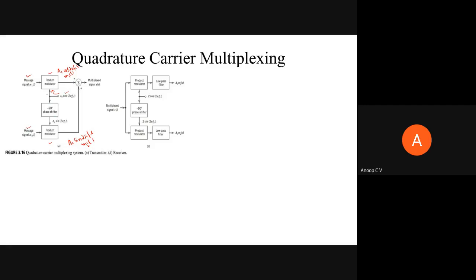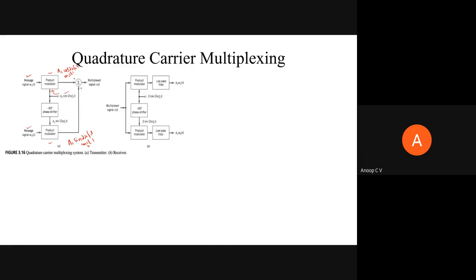We have two product modulators, and the local oscillator produces the carrier frequency. That, as such, the in-phase carrier, is given to one of the product modulators, and a quadrature phase carrier is given to the other product modulator. So one signal m1(t) will be modulating a carrier cos 2 pi fc t, and m2(t) will be modulating a carrier sin 2 pi fc t, and both of them are multiplexed and transmitted.